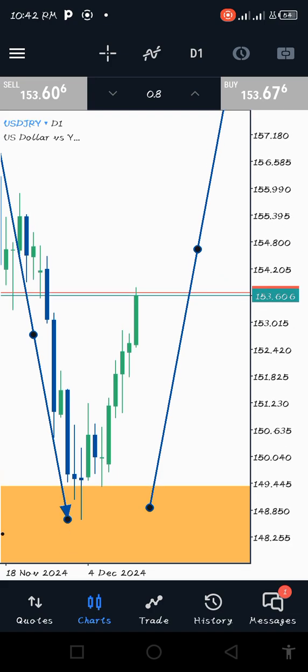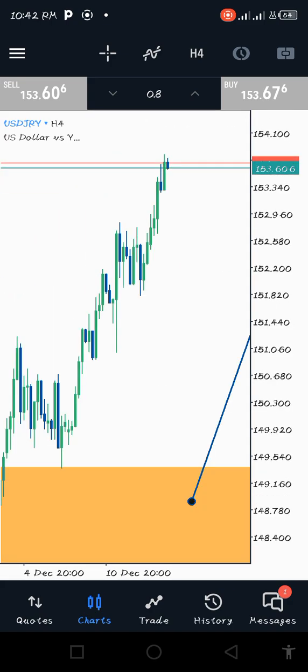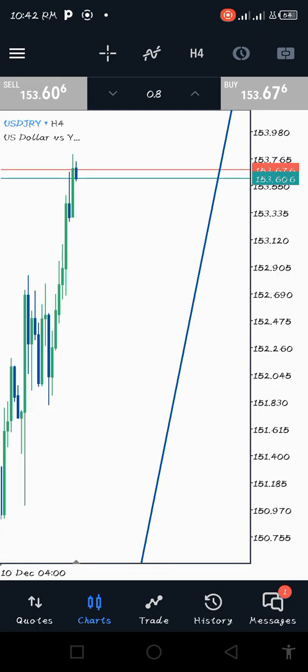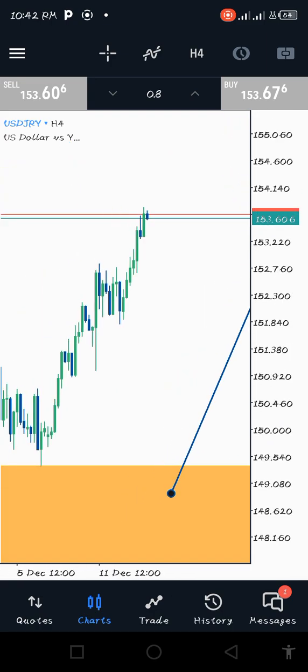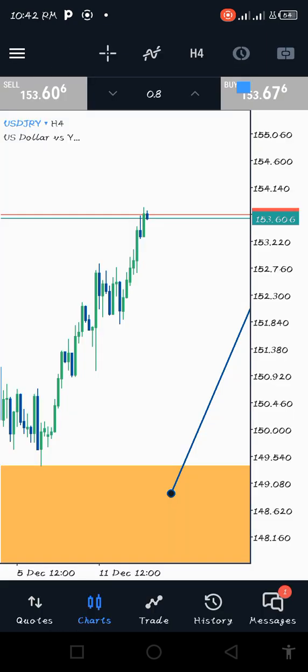We can see much on that pair on the daily time frame, so we move back to the 4-hour time frame. What can you see on the 4-hour time frame? This is what I can see. These are major zones where we can consider taking buying opportunities on this pair.